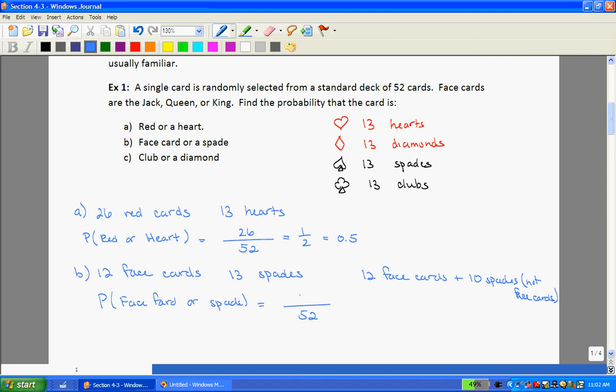So that means we get 22 over 52, and for a reduced fraction, that's 11 over 26, or if you're asked for a decimal, possibly to 2 decimal places, that would be 0.42.